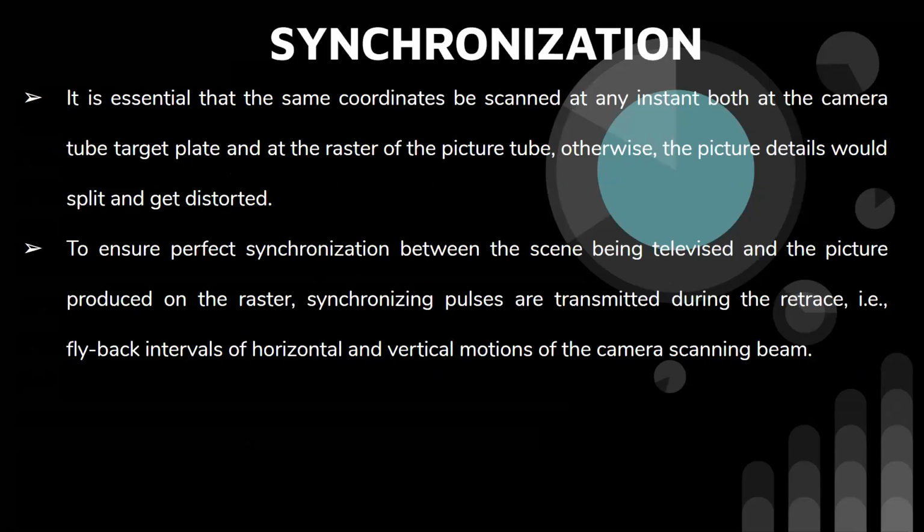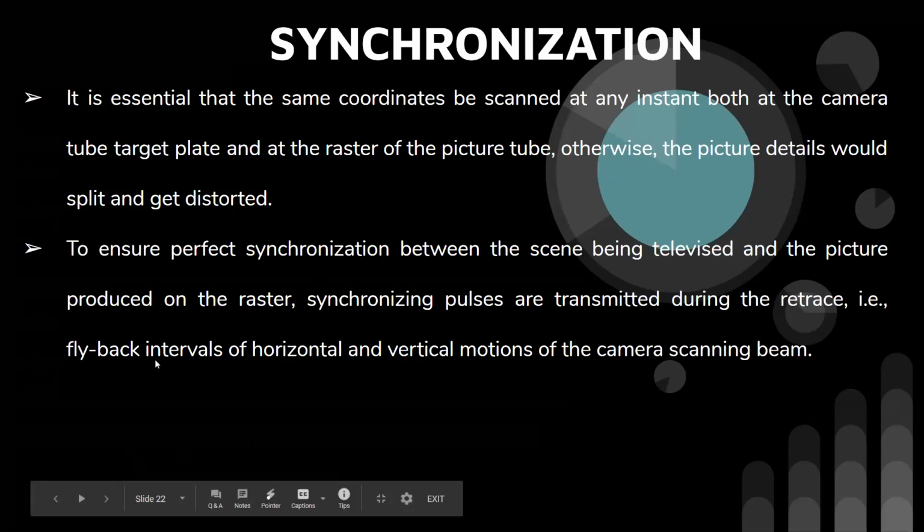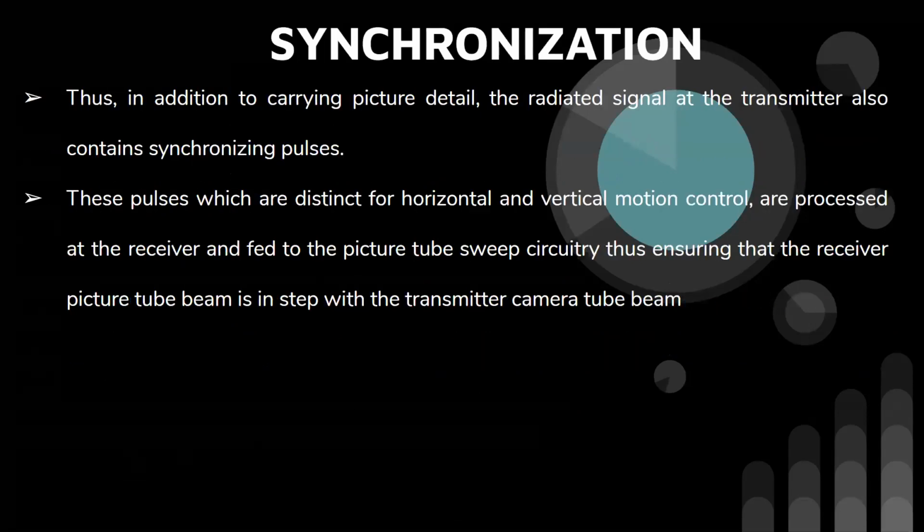So flyback intervals, horizontal and vertical motions. The flyback interval is equal to the time taken to complete the retrace period on our TV screen, called the flyback interval. The horizontal and vertical motions are also important. So dear students, the involvement of synchronization is a very common task that will be performed.